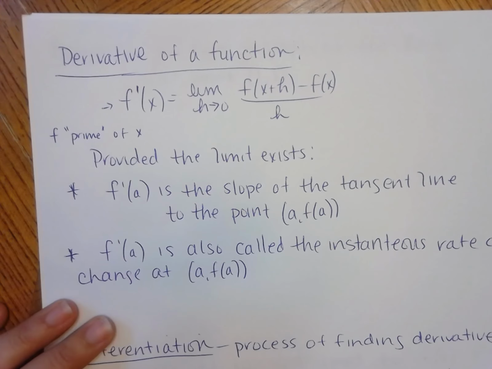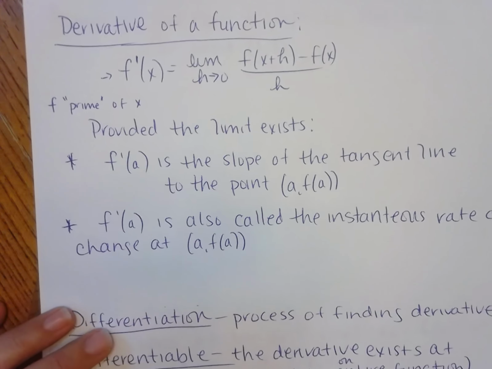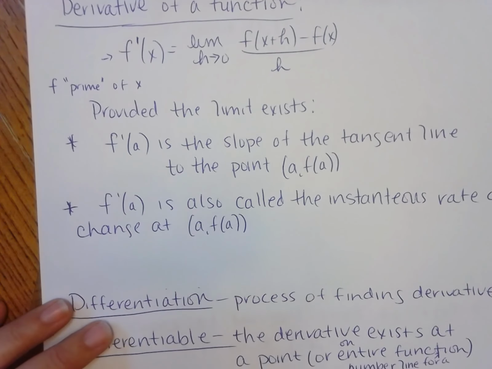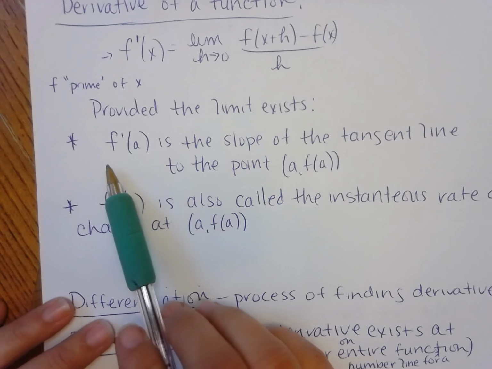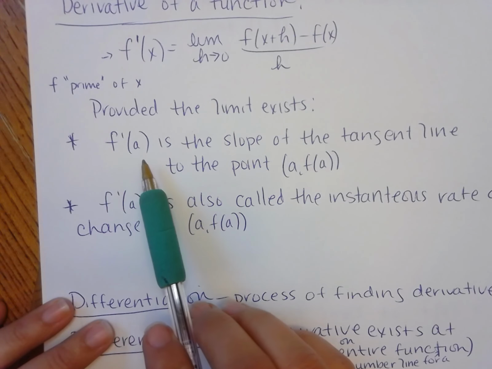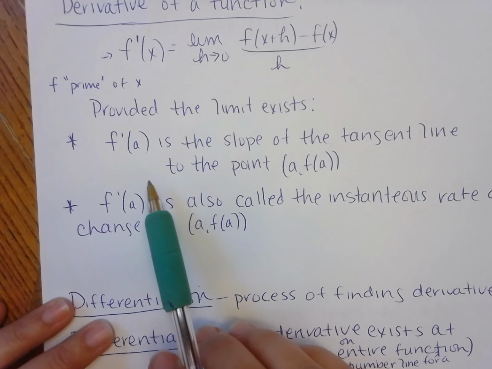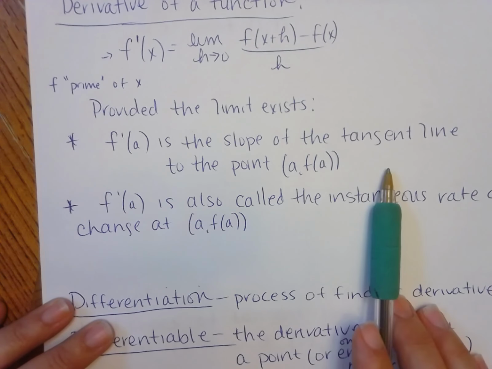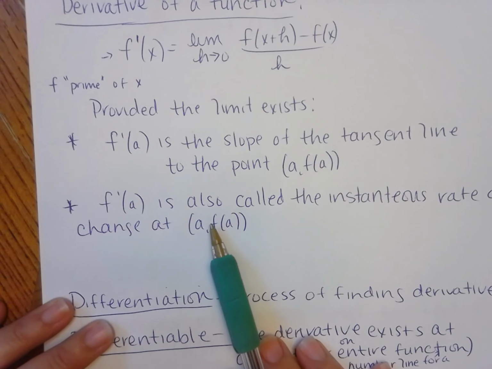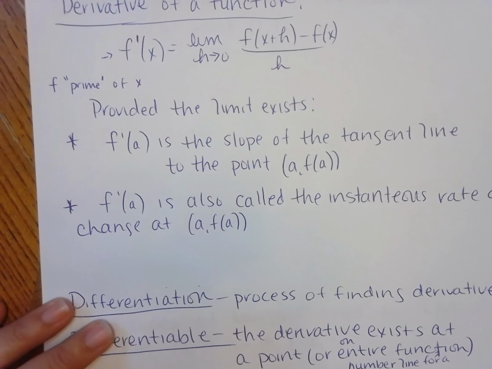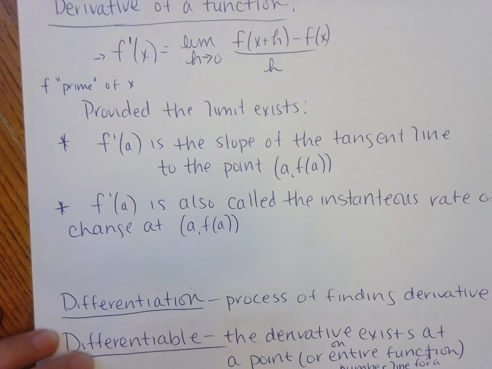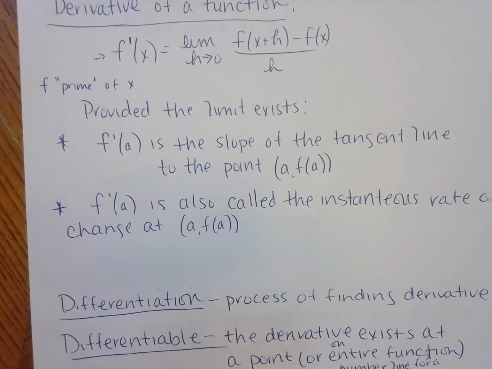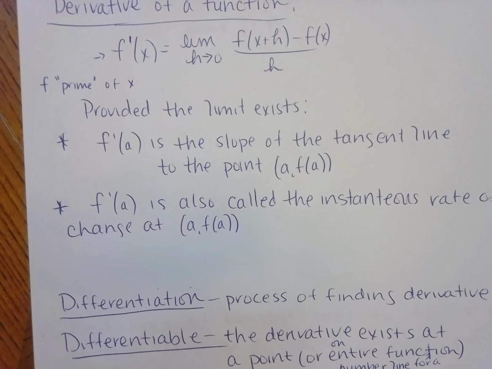Okay, and so some important things come out of this. One of them is that f prime of a is the slope of the tangent line at a specific point, right? I just called it randomly a and the y-coordinate that goes with a. f prime of a is also said to be the instantaneous rate of change at the point a, f of a. Okay, so we call it the slope of the tangent line, and we also call it the instantaneous rate of change.